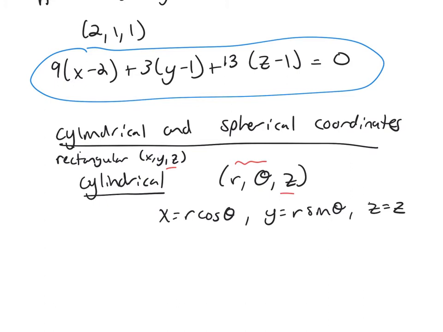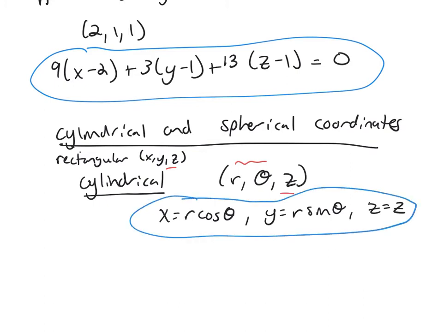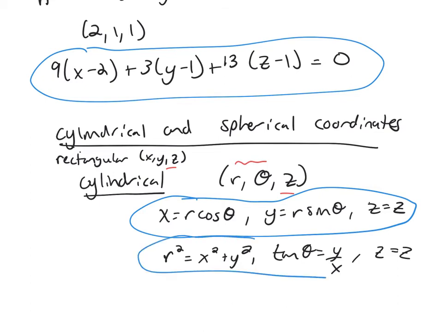And then the other conversion equations for converting in a different direction are r squared equals x squared plus y squared. Tangent of theta is y over x. And the third coordinate again remains the same. So these are our 2 sets of conversion equations.